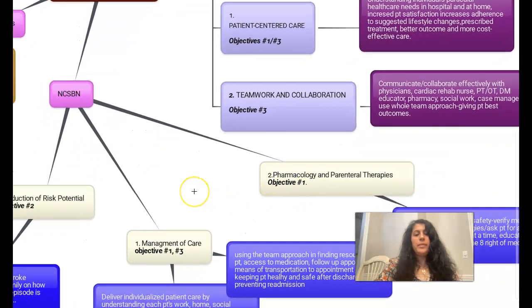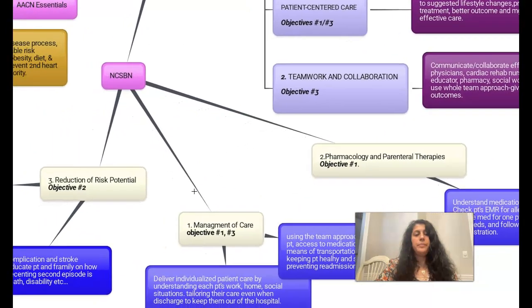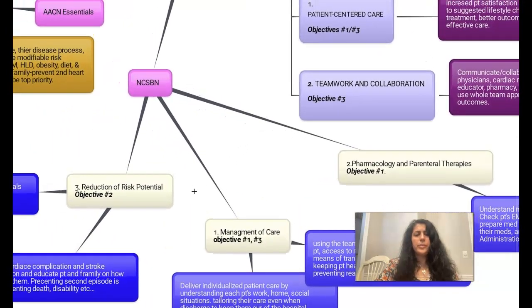And then the third integral part that students should be able to address is, per NCSBN, management of care. This supports objectives 1 and 3.